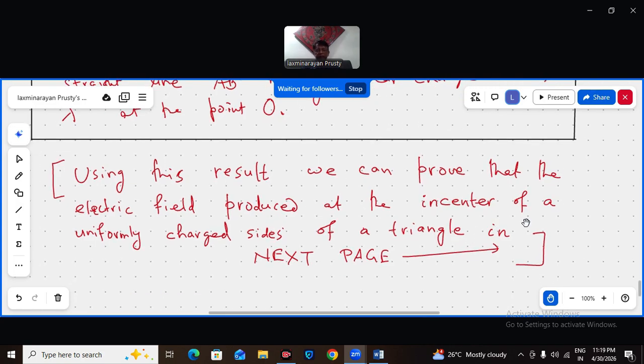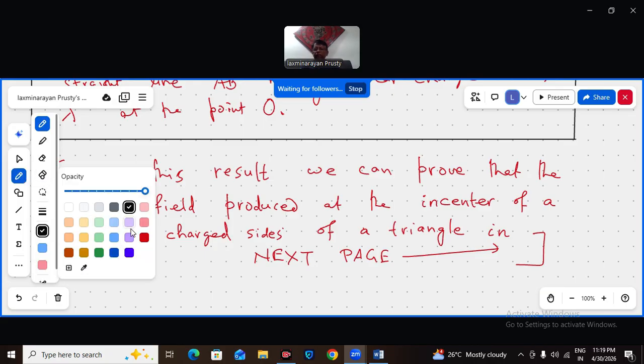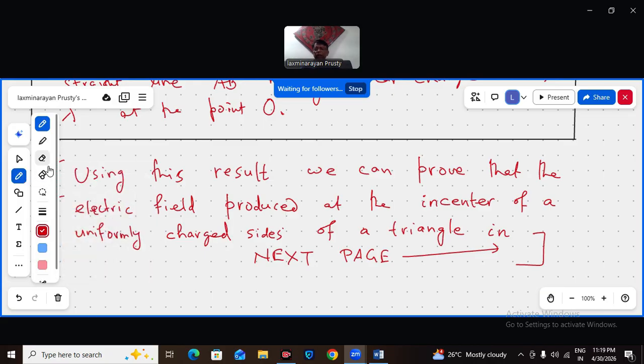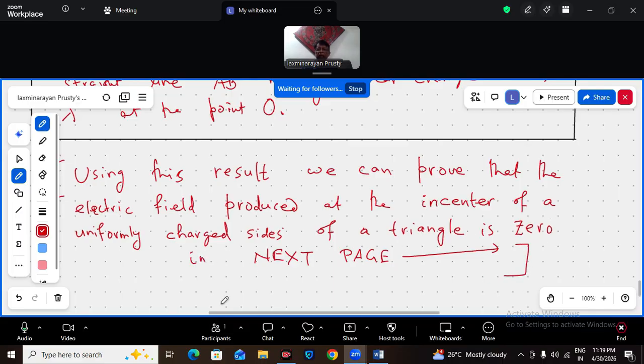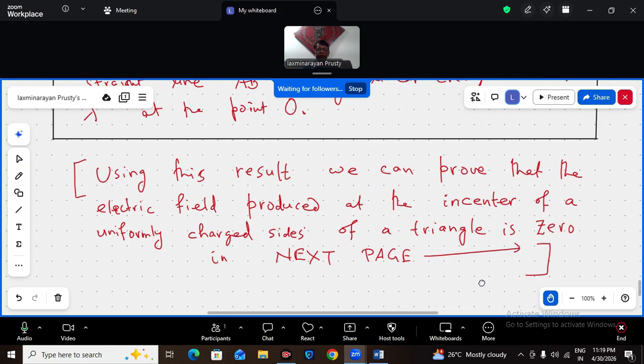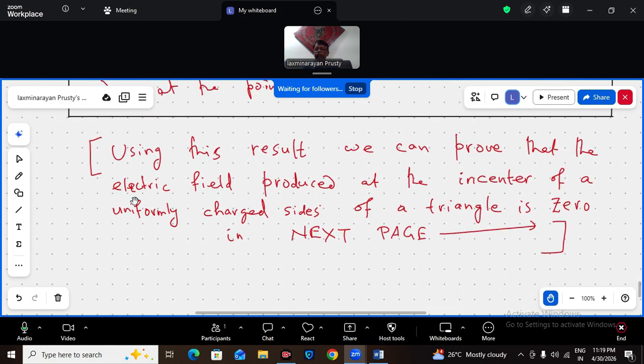In the next page, using this, we can prove this. Let us see. Let's go to the next page.